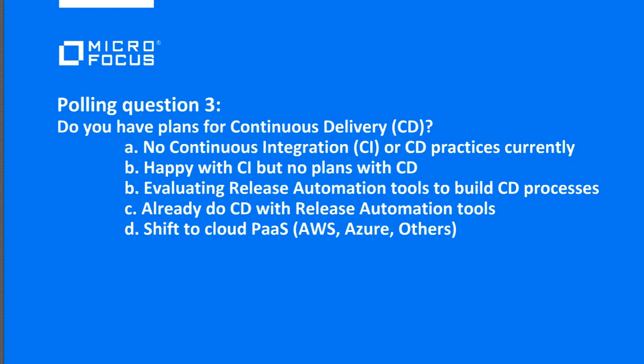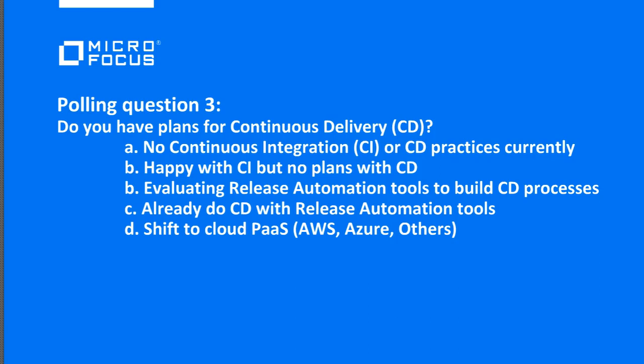Option D, already do continuous delivery with release automation tools. And last option, option E, shift to cloud platform as a service, Amazon, Azure, or others. So let's hear it from you folks. There's a ton of questions in the question box, Vandan and Ronan. So I suggest that after this we tackle them because we need to answer lots and lots of questions.